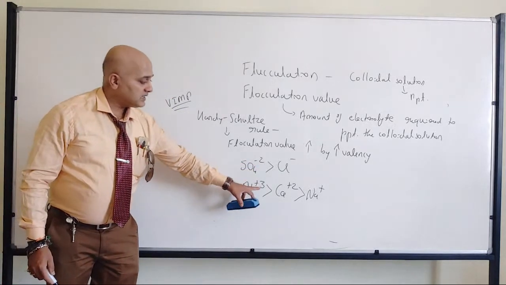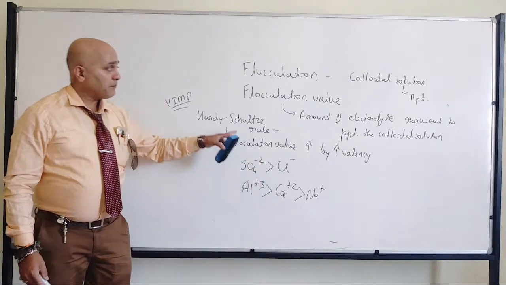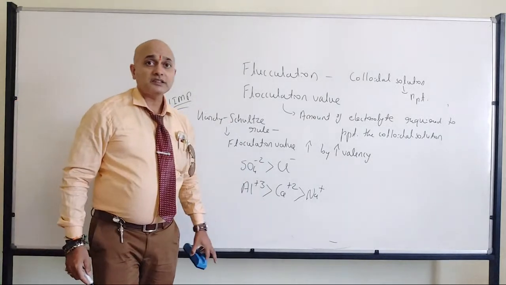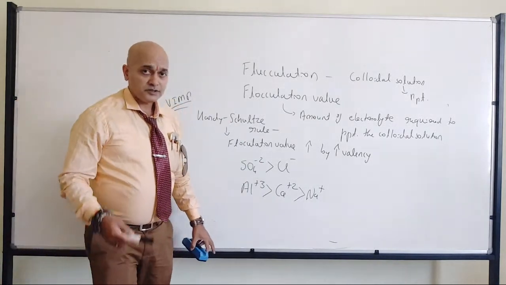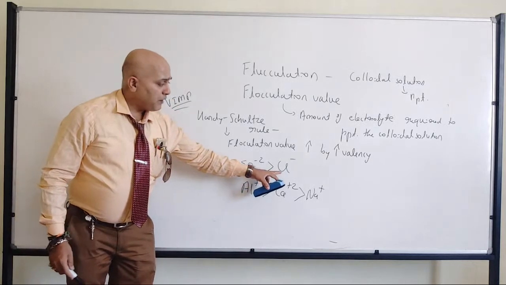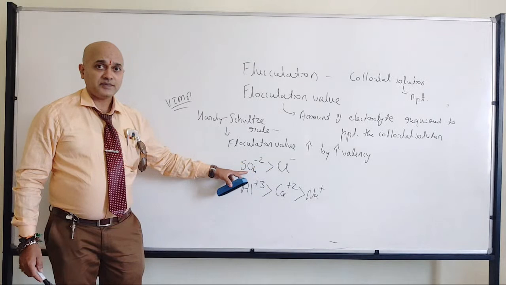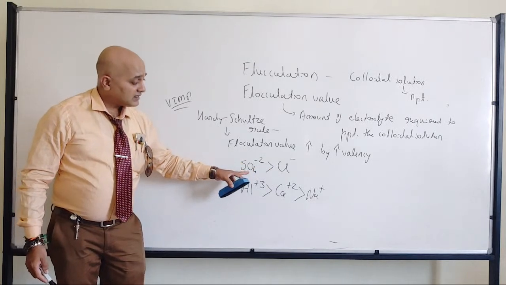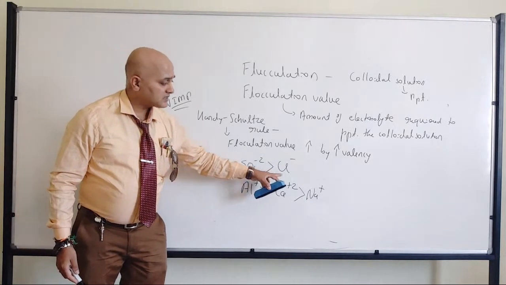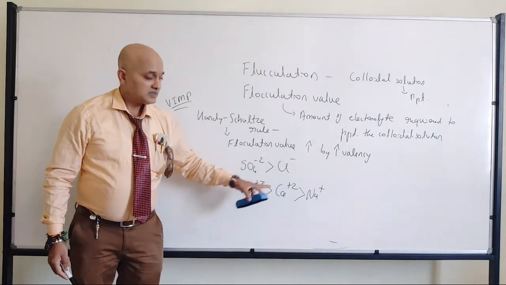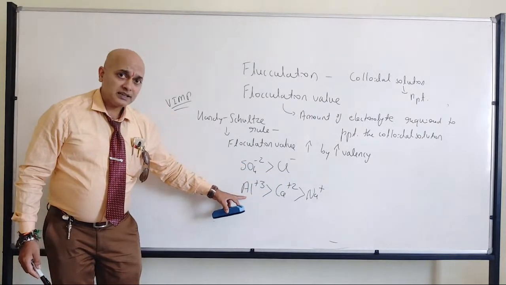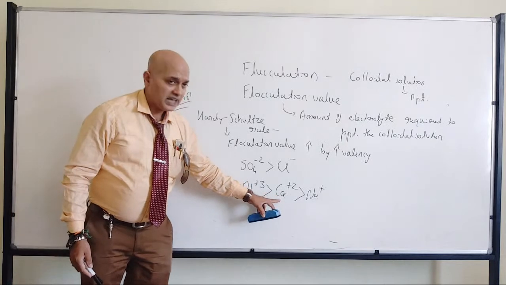As the valency increases, its capacity for flocculation also increases. That means I require more chloride to precipitate compared to sulfate. Same logic: I require less aluminium compared to calcium.